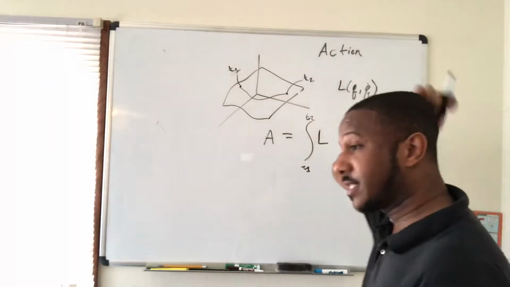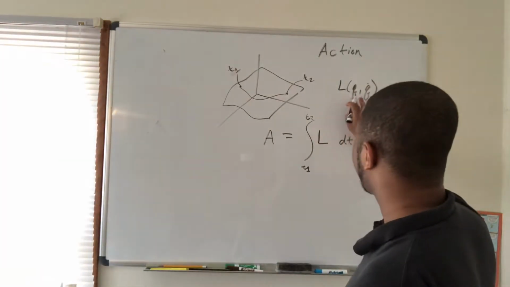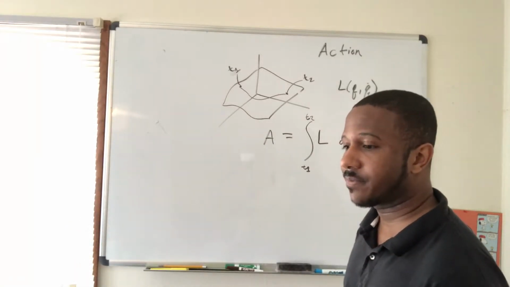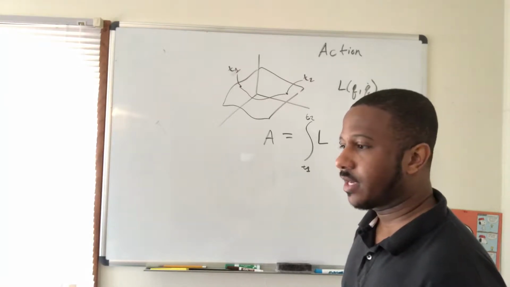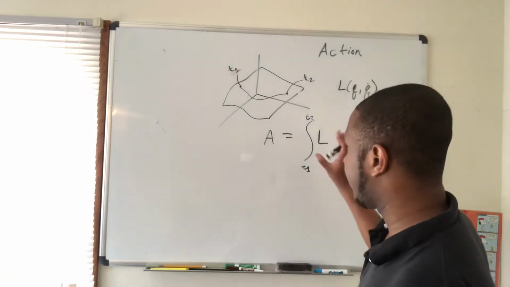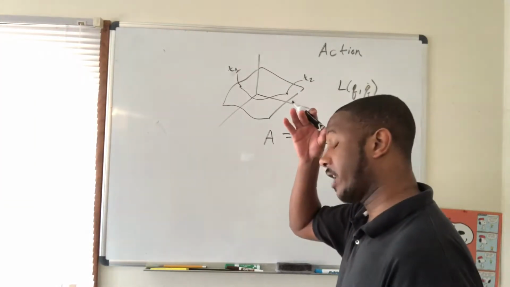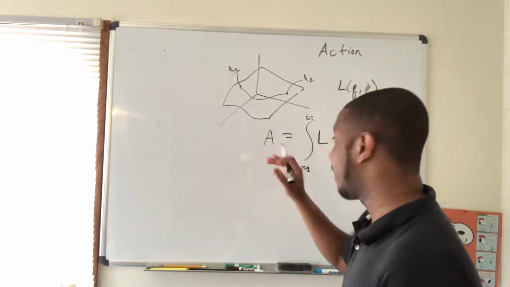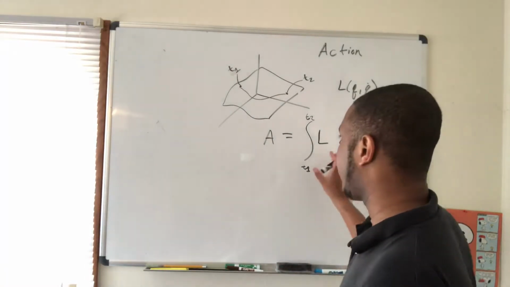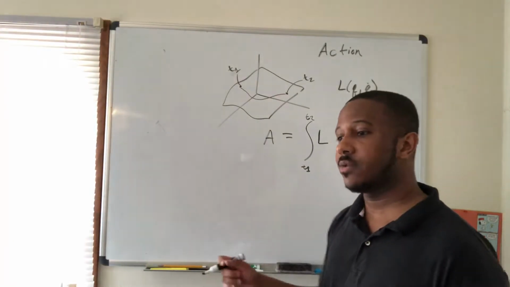Now, a good question to ask is, this is very general, but how would you find what q and q dot would be? Some very smart people discovered a relationship between this idea of taking the action and finding the stationary point of that action, and the space of functions that you can use to get your action.